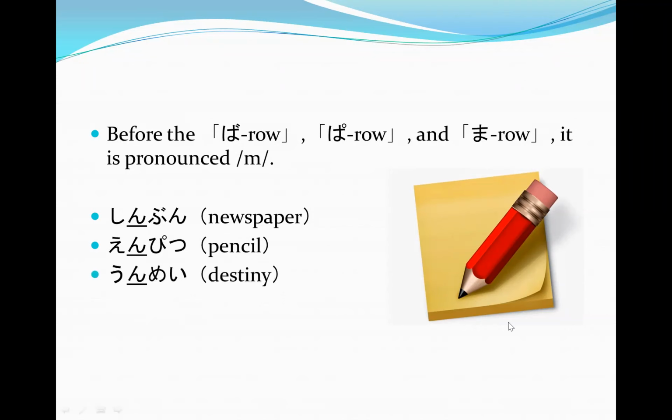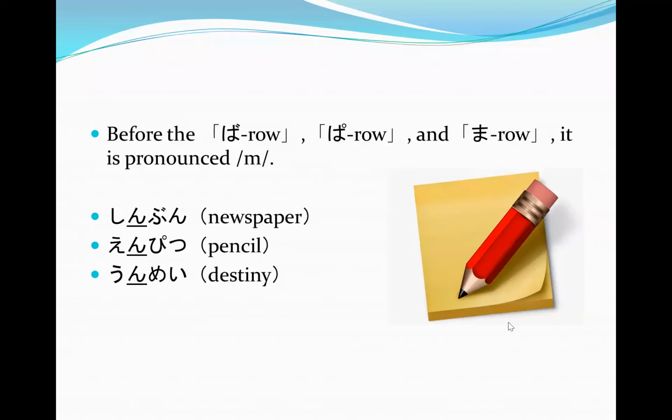Next, destiny. Now, who wants to know their destiny? All right. Destiny in Japanese is unmei. Again, unmei. Even though it is written with "n", it should be pronounced as "m". Again, slowly, per syllable, unmei.